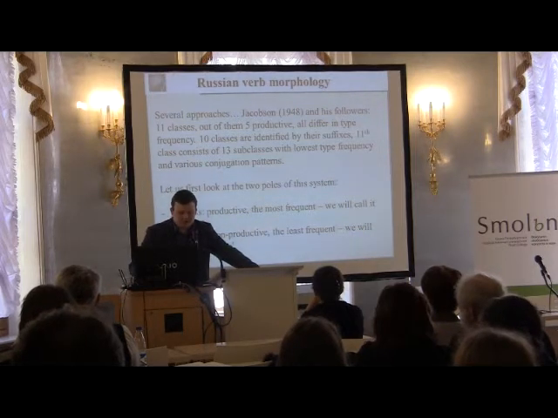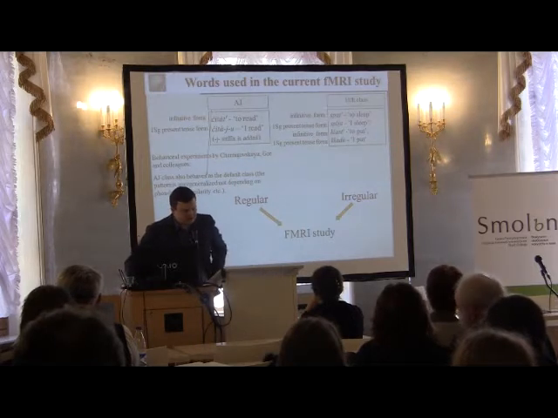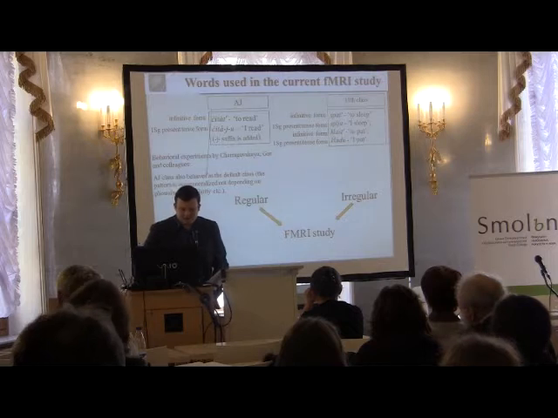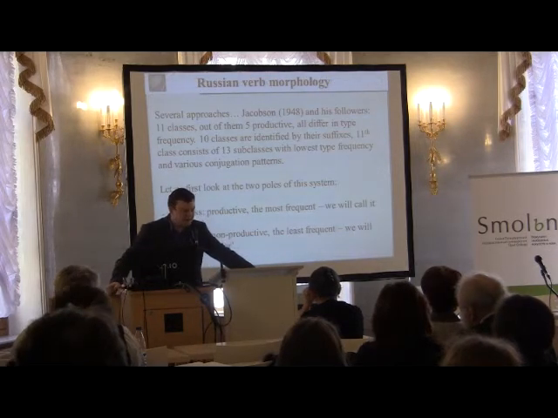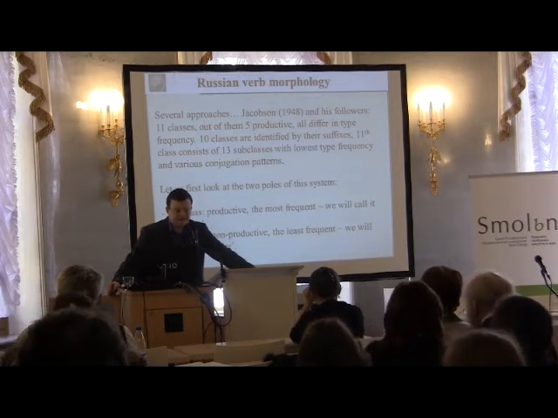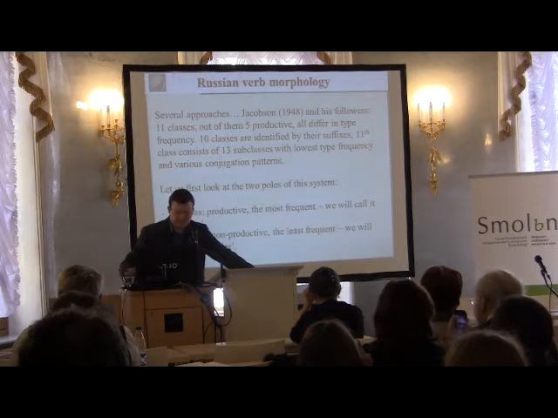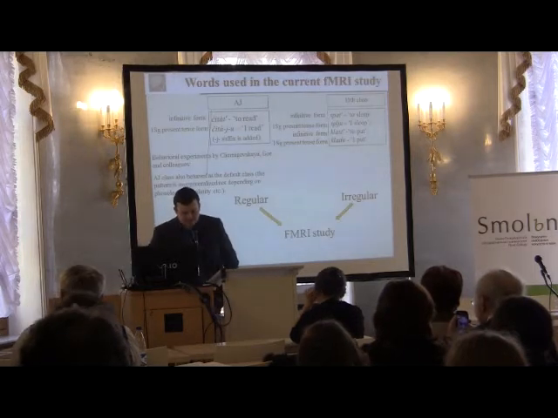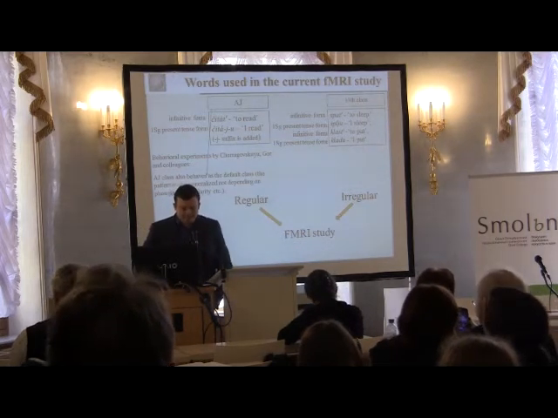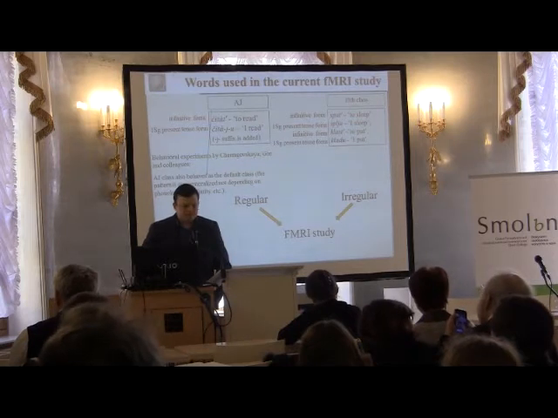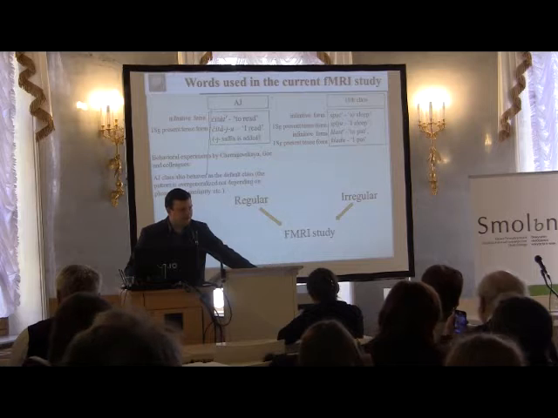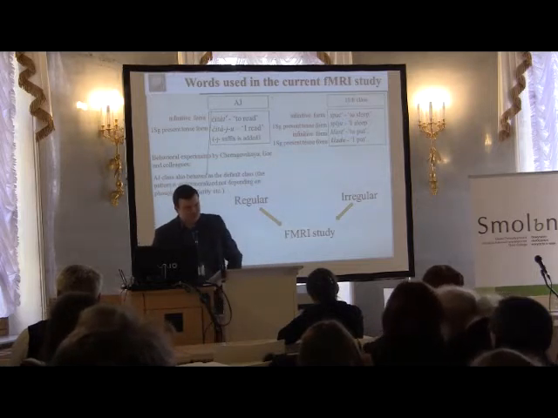One was the so-called I class, which is the most frequent and productive, and the other class is the least frequent and non-productive. Here are just some examples. What I also have to say is that the regular I class exhibits some sort of default properties, for example, in terms of regularization.